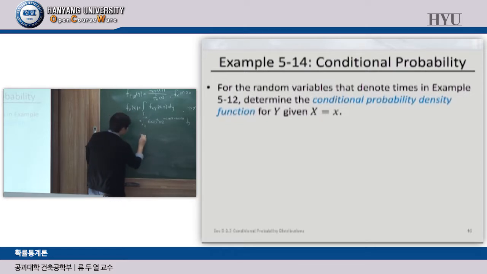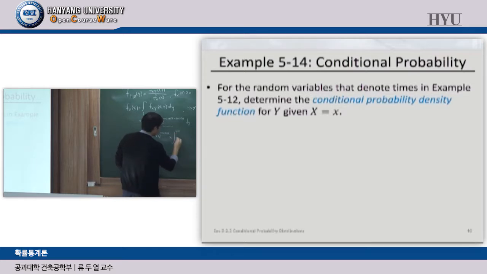And this can be rewritten as, this part can be extracted from the integration. So 6 times 10 to the minus 6 power times exponential minus 0.001x times the integration from x to infinity of exponential minus 0.002y dy.